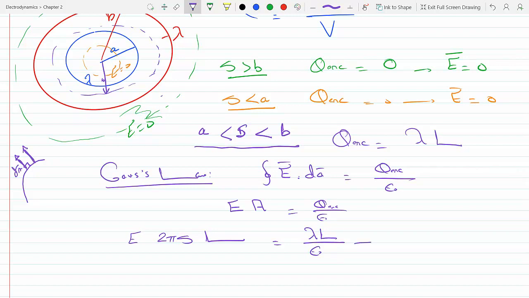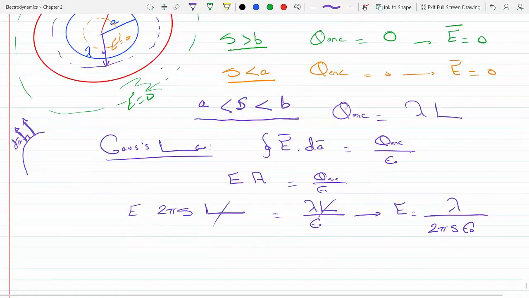And now I can find my electric field to be, the L's cancel, it's independent of the length of the cylinder, lambda over 2 pi s epsilon. And that's in the s direction if I make this a vector. So this is the electric field when s is in between A and B.